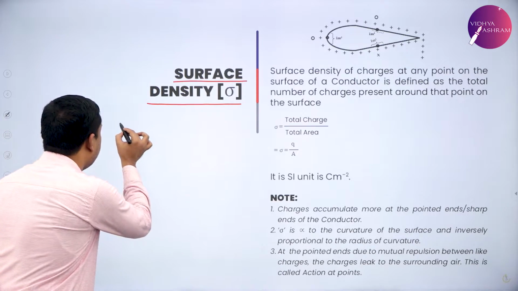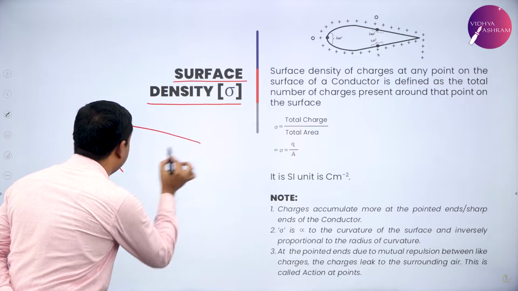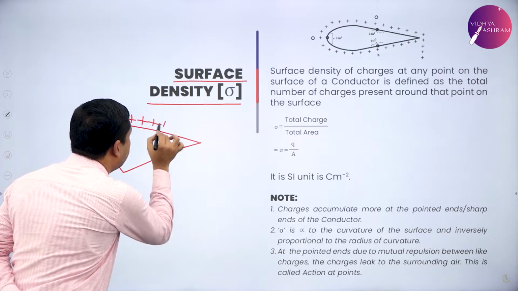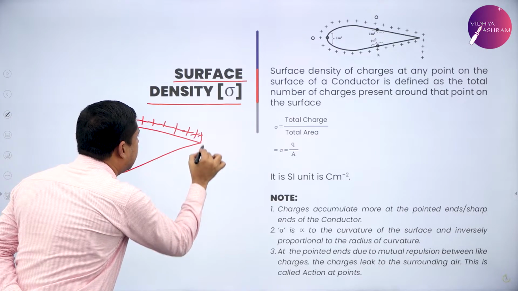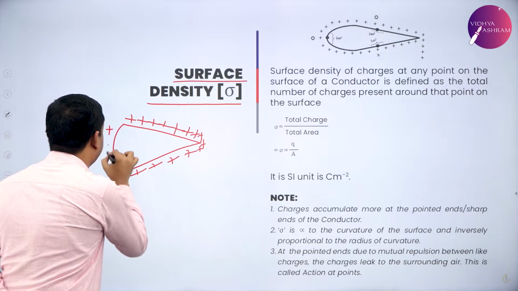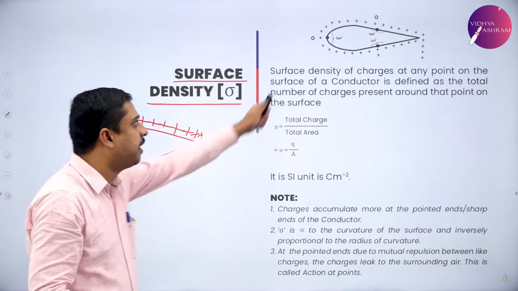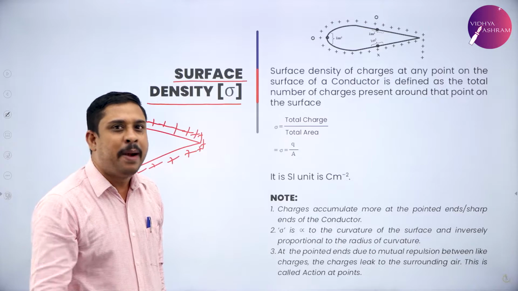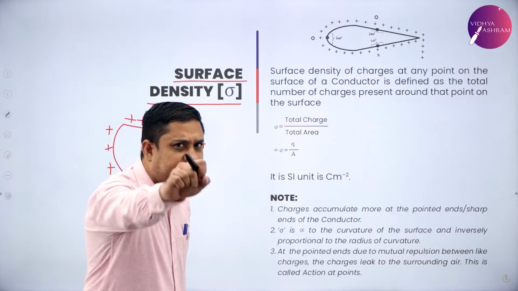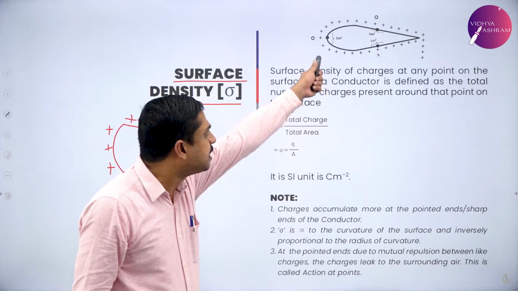Now, I'll consider a conductor on which I will show the distribution of charges exactly as in the diagram. My dear students, if you observe the diagram, has it a regular geometry? Is it a circle?